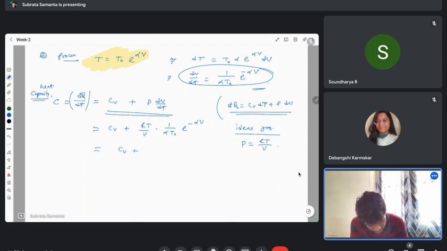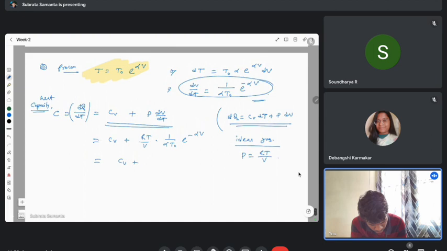So now we put this into there, right? So this is your T. So you put T naught in terms of T. Just put it in: T naught e to the power alpha V, times 1 over alpha T naught e to the power minus alpha V. So e to the power alpha V and e to the power minus alpha V cancel, T naught cancels.